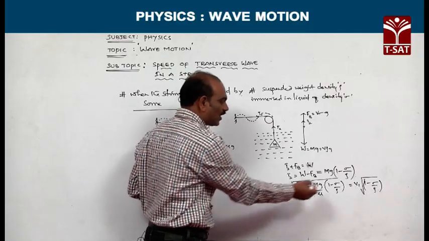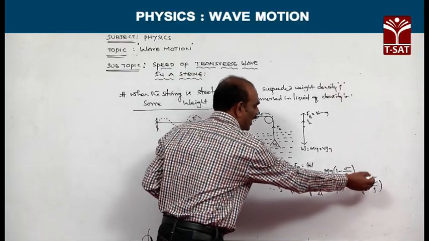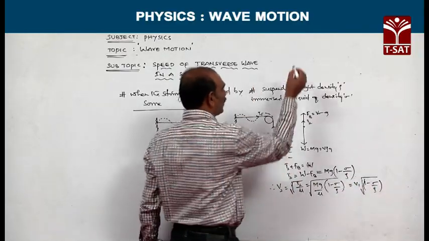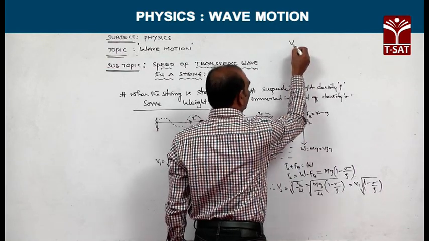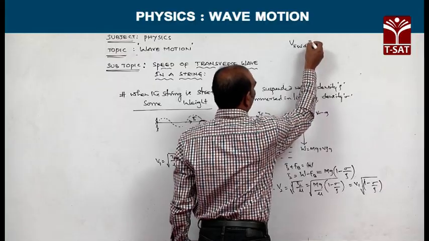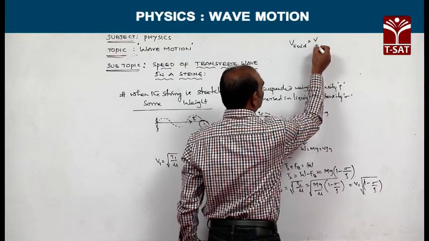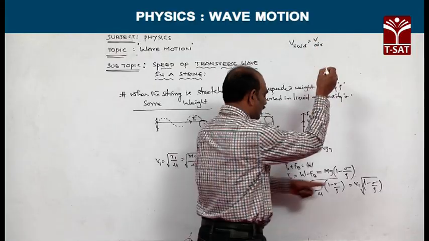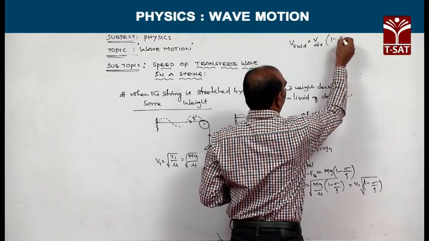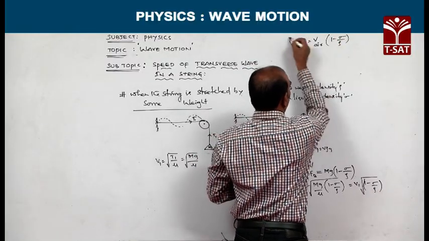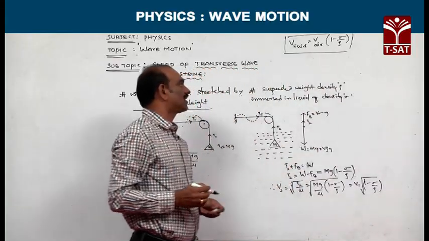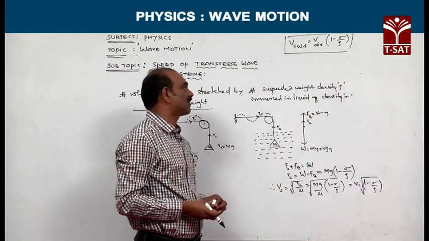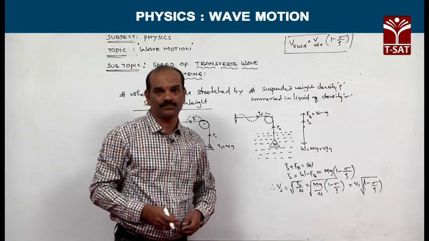Therefore, V2 is equivalent to V1 into (1 minus sigma by rho). That is, the speed of the transverse pulse in liquid is equivalent to the speed of the transverse pulse in air times (1 minus sigma by rho). So, this is the relation between the speed of a transverse pulse in liquid and in air through a string.